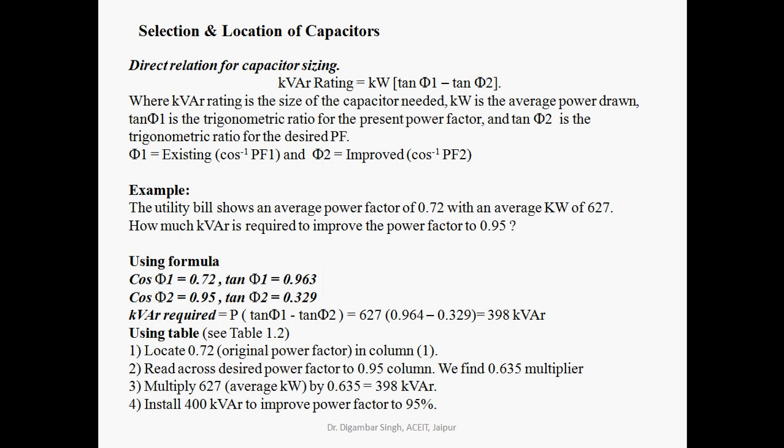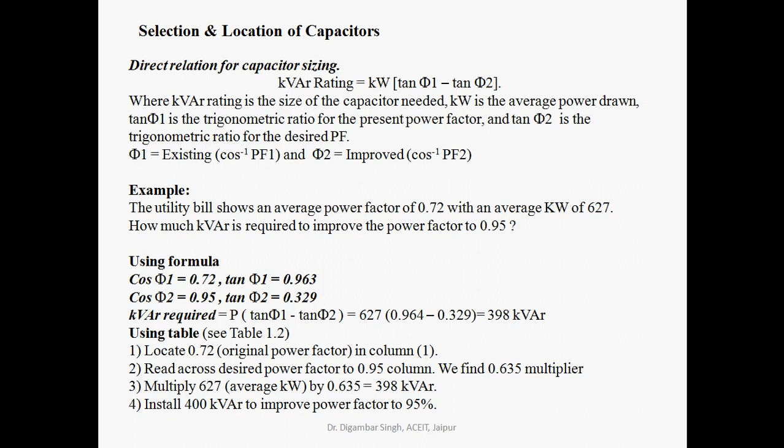To understand the selection and location of a capacitor, here is an example. The utility billing shows an average power factor of 0.72 with an average kilowatt of 627. How much kVAR is required to improve the power factor to 0.95?